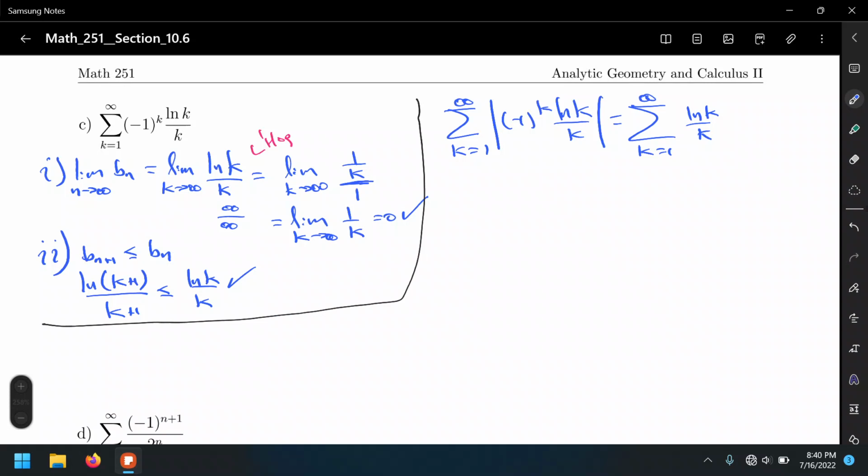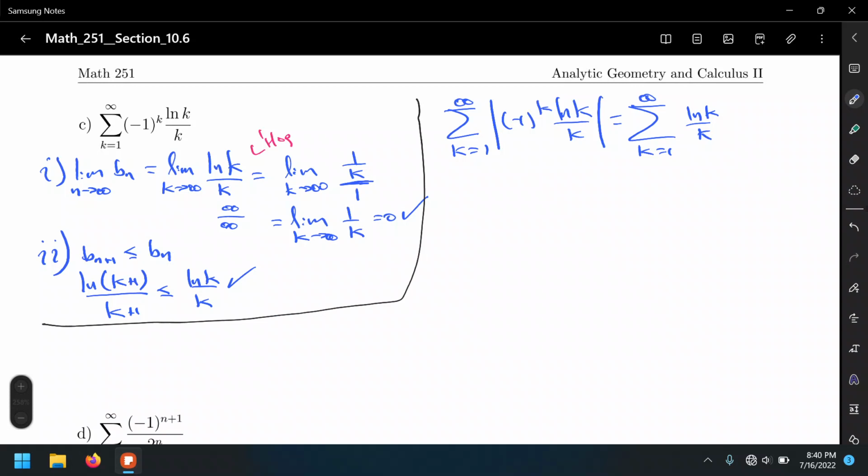The integral test might work, but it can be a little bit long. And the good thing is, we already checked for decreasing, which is the second condition for the alternating series test.